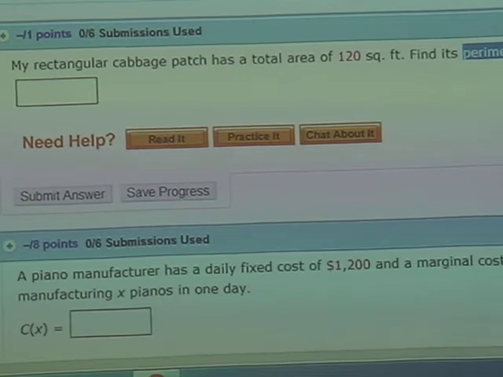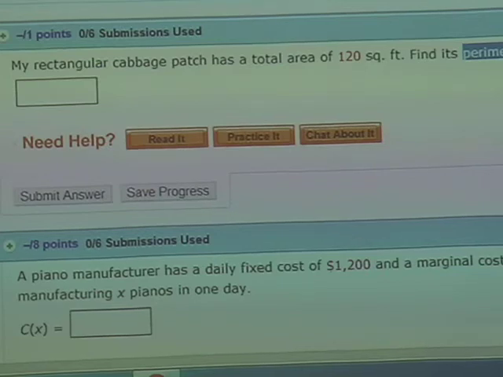And what's the formula for the perimeter? 2x plus 2y, right? x plus x, y plus y, so 2x plus 2y. Okay? Now, the total area is what? 120, right?